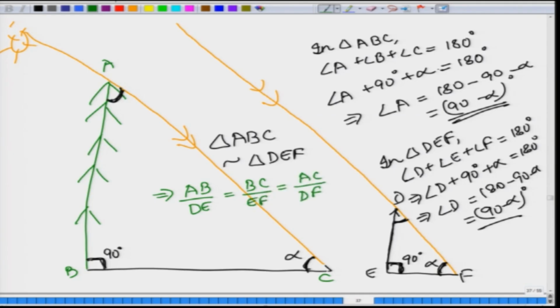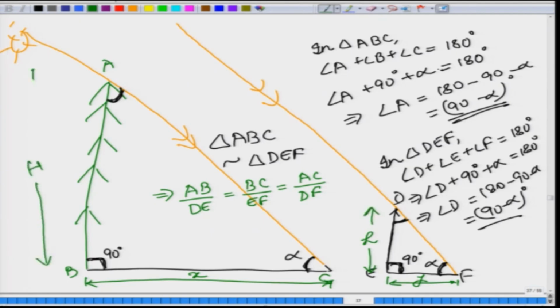Now, because you have this tree, you can measure this distance. Let us call this distance x. You can measure this distance. Let us call this y. You can measure the height of the rod. Let us call it h. And you want the reading of capital H, which is the height of the tree.